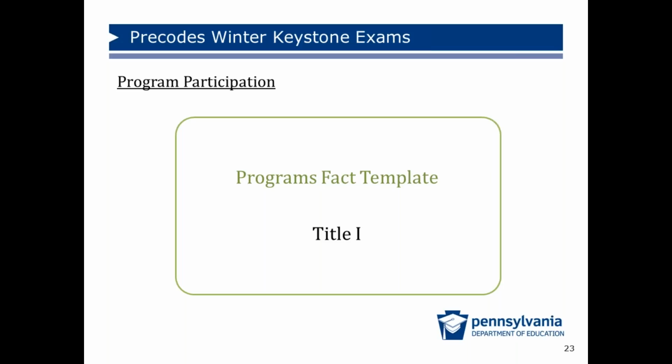For the PSSA and Keystone internal snapshots, you can have students who are either included in a school-wide program or targeted assistance for being reported as Title I and program staff. Data from school enrollment is used to determine the students who will be included in the internal snapshot.